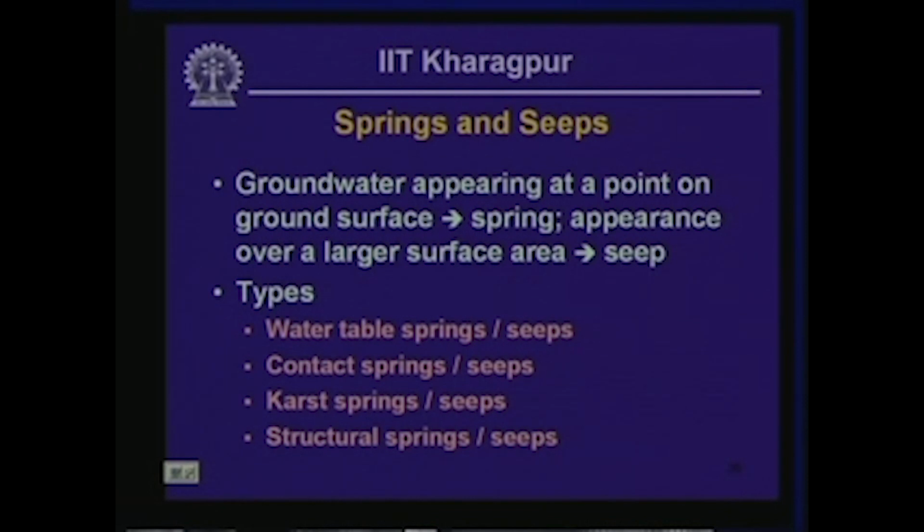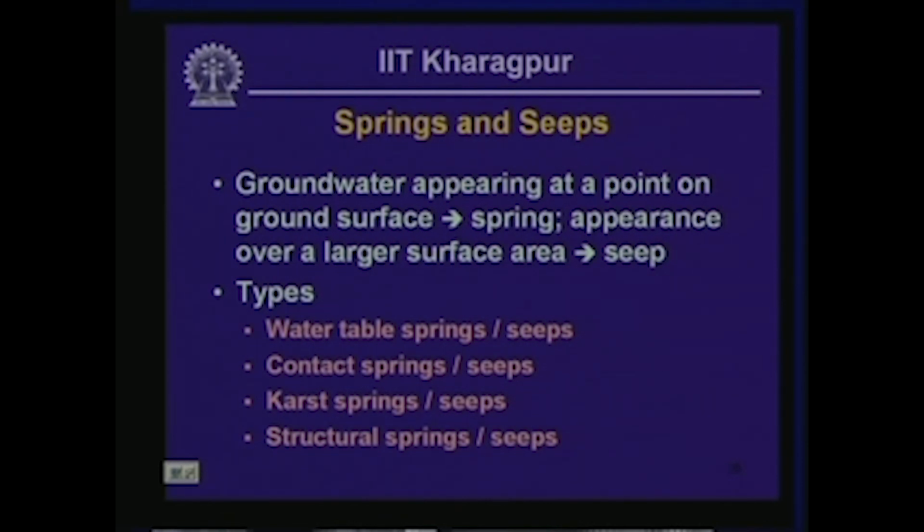The types of springs and seeps are going to be because of water table exposure, as we have discussed, or there could be contact springs or seeps where groundwater is conducted on top of sloping aquicludes, or there could be karst springs, which are because of subterranean water channels conducted between limestone cavities, or there could be structural springs that arise when joints get exposed at the surface in a jointed rock mass terrain and the joint is water bearing.